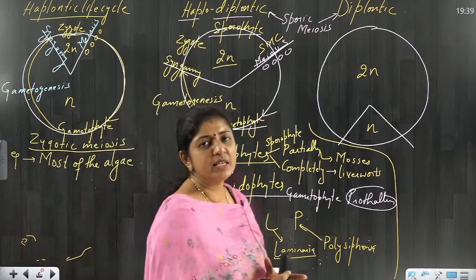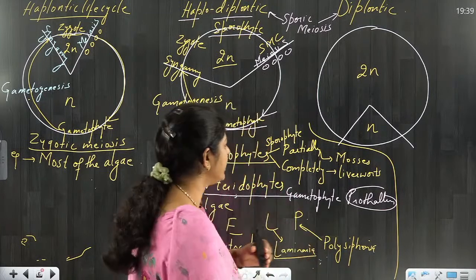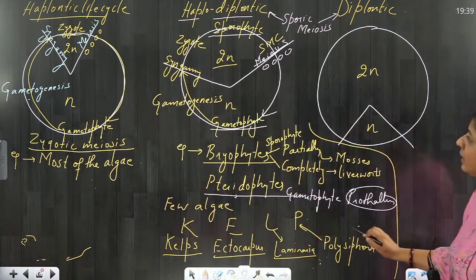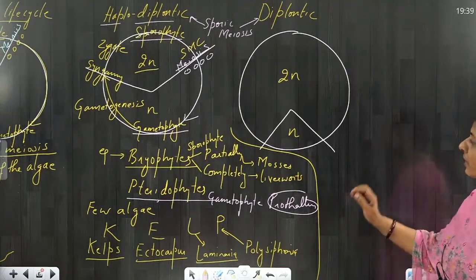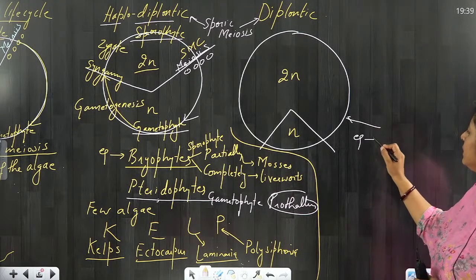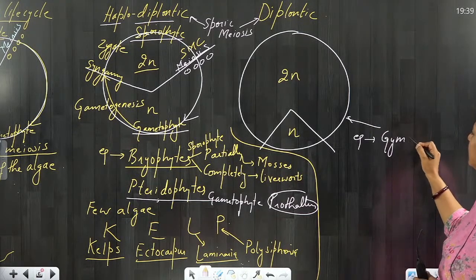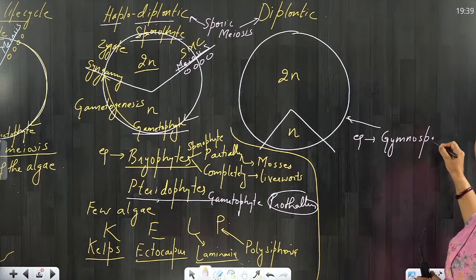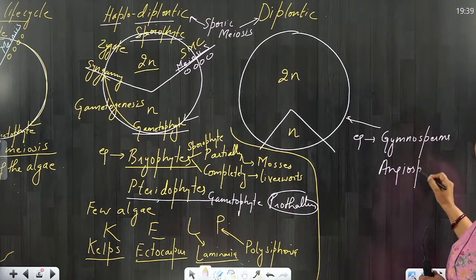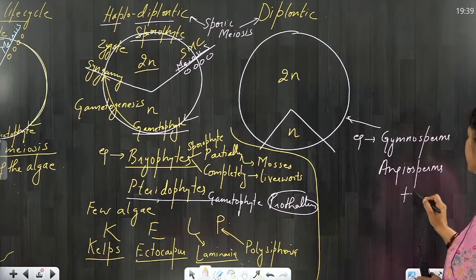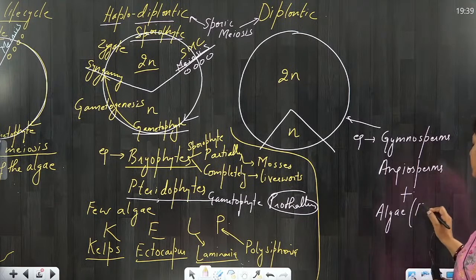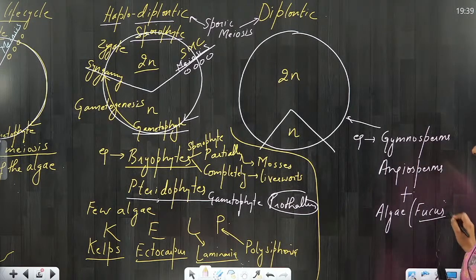Last we have to discuss the diplontic life cycle. What will be the examples here? The examples for the diplontic life cycle will be gymnosperms, even angiosperms, and as an add-on we will take an alga name: Fucus.